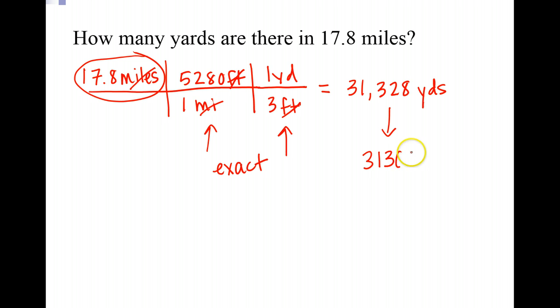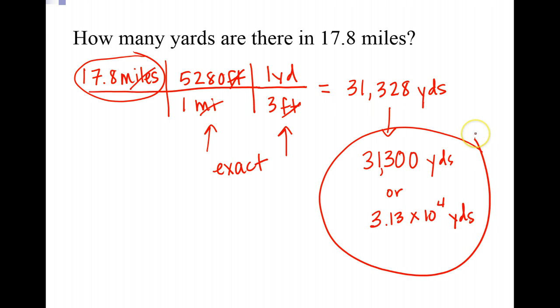So we have to keep in mind that we're rounding to 3 significant figures. So I would keep the 3, the 1, and the 3 will stay a 3 because there's a 2 after it. So our answer to the proper number of sig figs is 31,300 yards. You could also choose to write this in scientific notation, 3.13 times 10 to the 4th yards. Either would be acceptable.